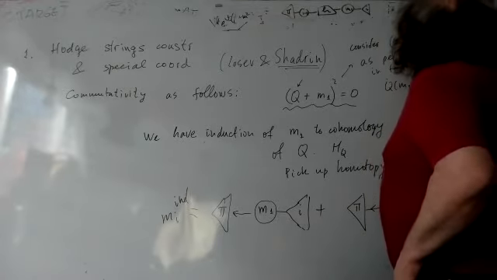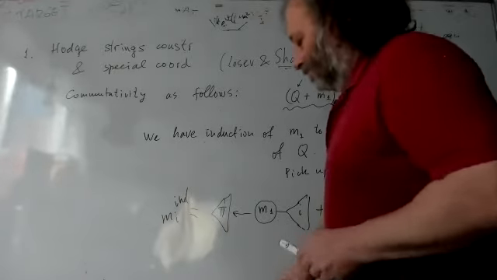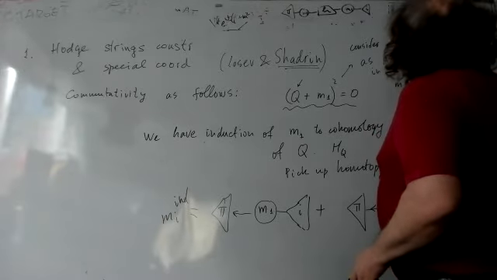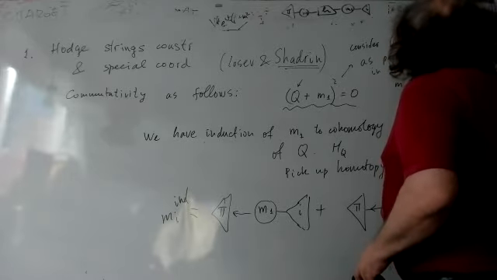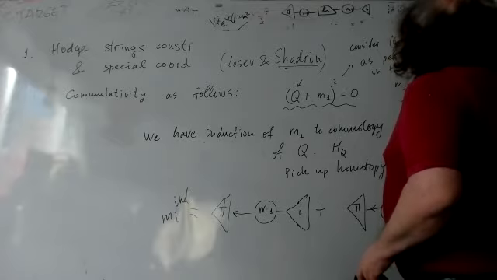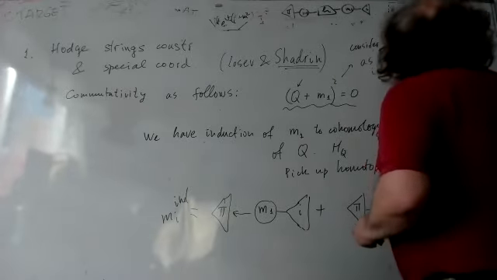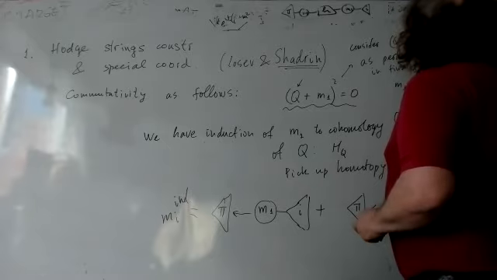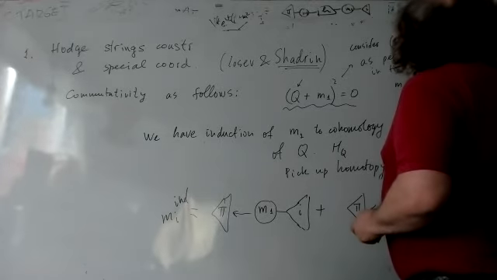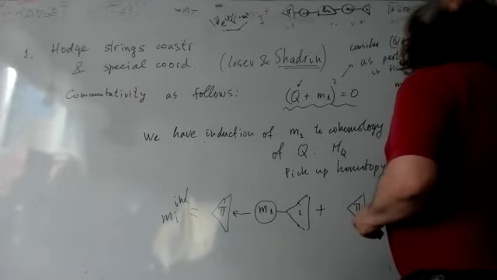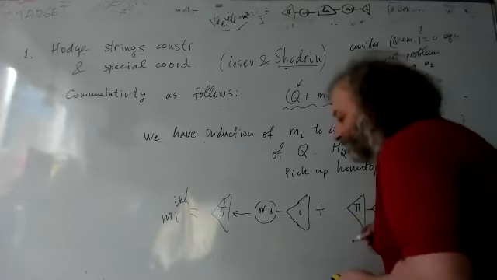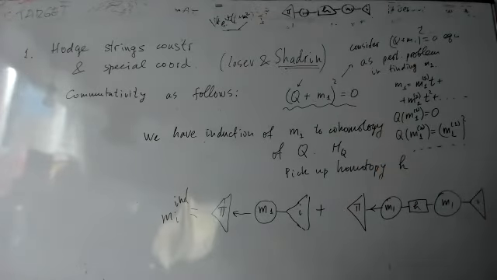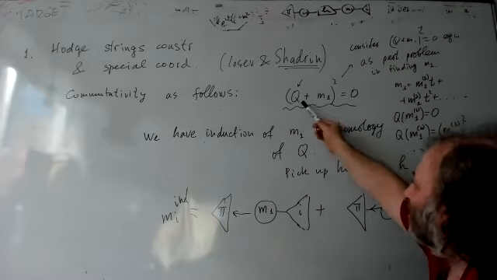So we may say that m1 is m1^(1) t plus m1^(2) t squared plus etc. Then we will have Q of m1^(1) equals 0, Q of m1^(2) equals m1^(1) squared, etc. You see, I'm looking at this setting as a problem of deformation of Q.